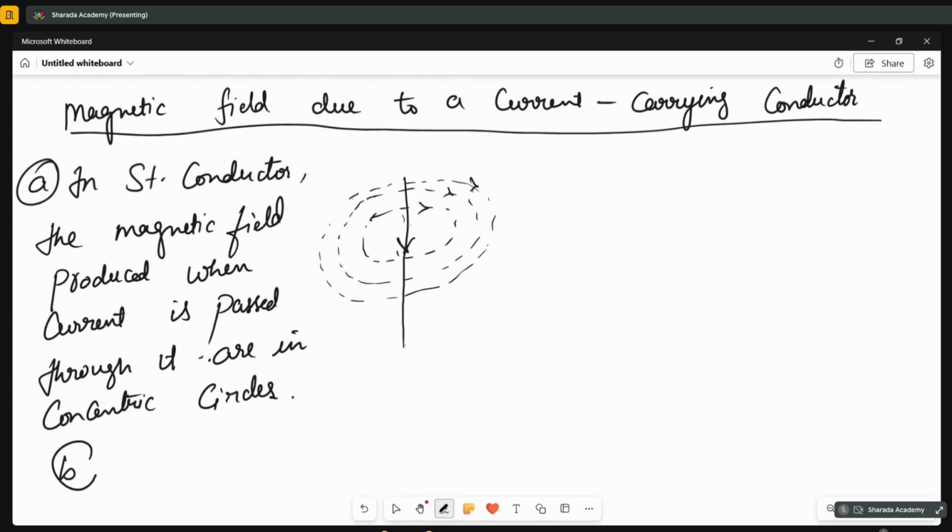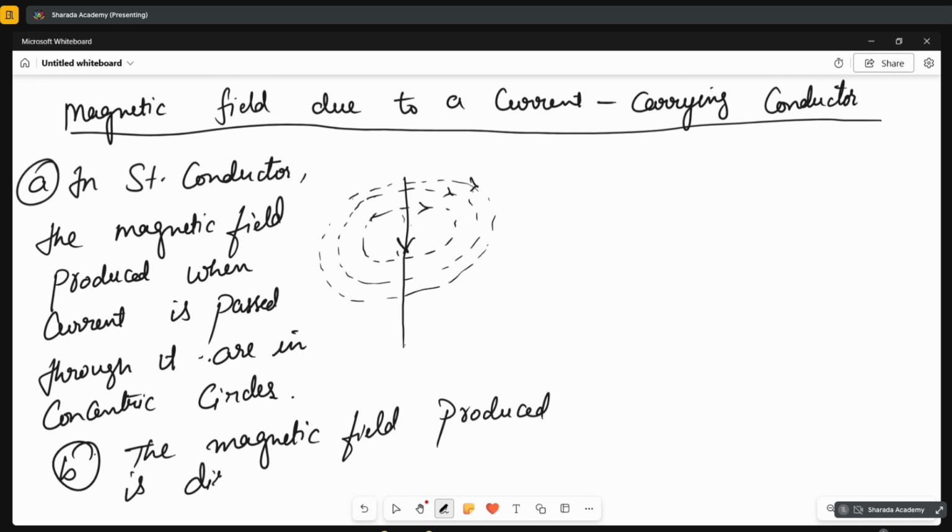Next one. The magnetic field produced is directly proportional to the current through the conductor.